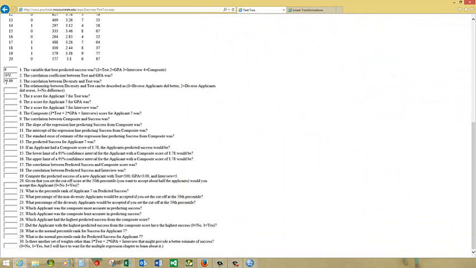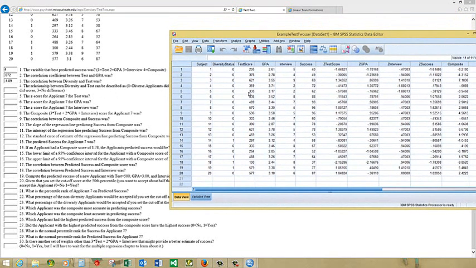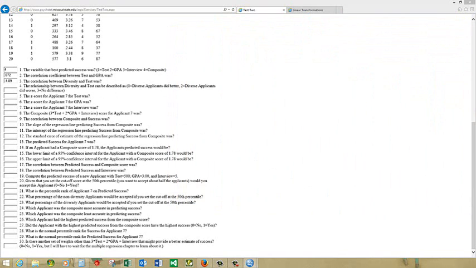Whoops, I'm going to put a minus sign in there. The relationship between diversity and test can be described as, because it's negative, and because diversity, 1 was a diverse candidate, 0 was not, the higher diversity, the lower the test. So we can say diverse applicants did worse. So we'll put a 2 in there.